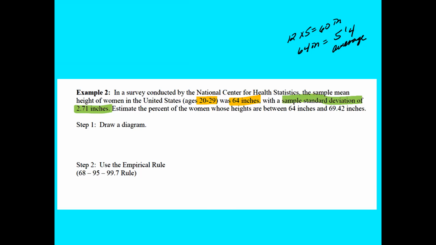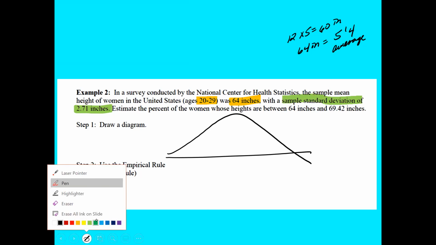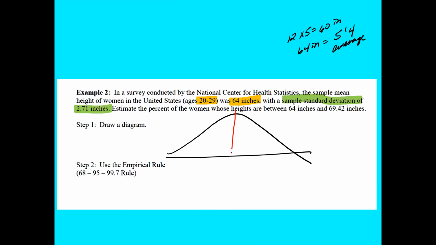And so let's go ahead and draw this. There's my bell curve. And then if I were to make my data, my mean is right here. That's my mean. My average is 64 inches. Standard deviation is 2.71.